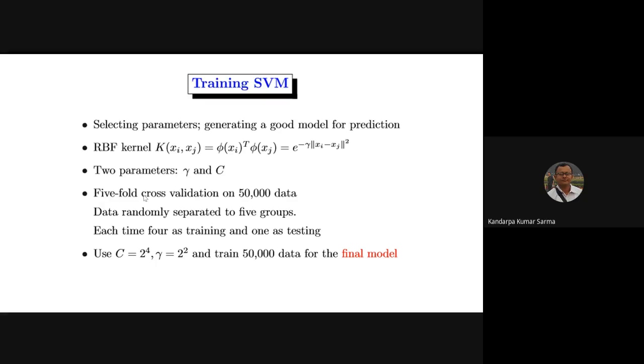So we can have five-fold cross validation on 50,000 data, then the data randomly separated into 5 groups, and we can have four sets for training and one for the testing part. We can use C as 2 to the power 4 and gamma to be 2 to the power 2, and then train on 50,000 data for generating the final model.